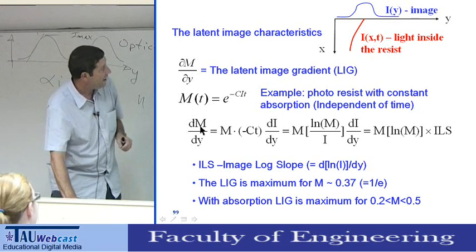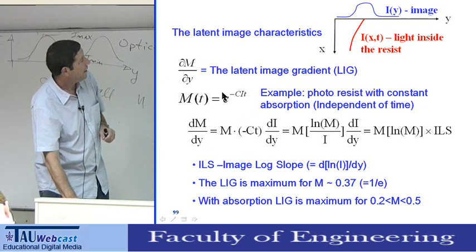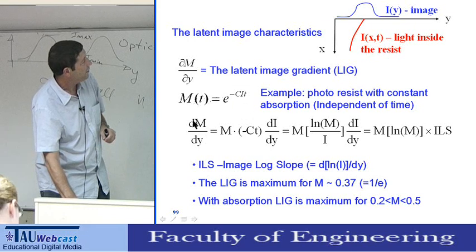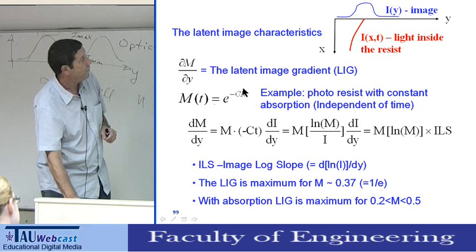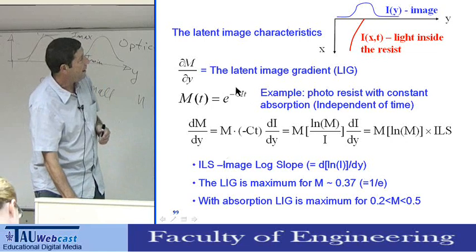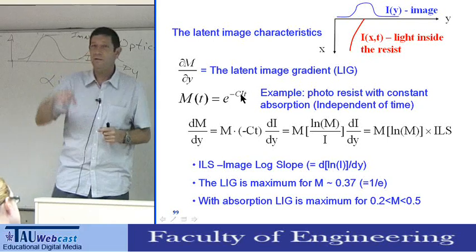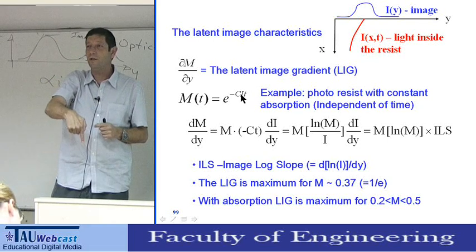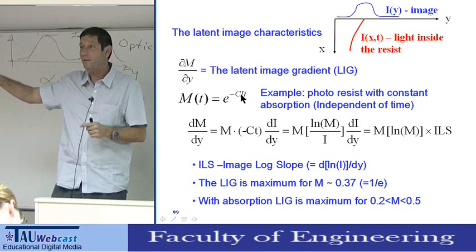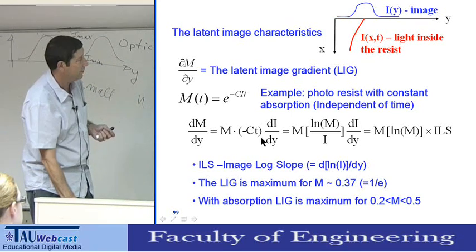Now let's take the derivative of M in the y direction. So I can take this equation and take the derivative dM over dy. Now, the derivative of an exponent is the function itself. So the derivative is M times the internal derivative, minus Ct. However, I is independent in the vertical direction, but it's a function of y in the lateral dimension. So I have to take the derivative dI over dy.